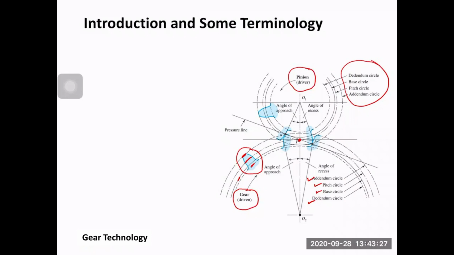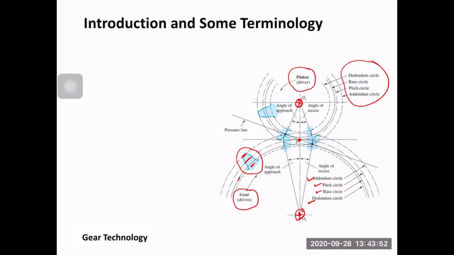We're going to learn more about the angle of approach, angle of recess, and pressure line in the next few slides. But just to keep it simple, the center point of the first shaft is here, and the center point of the second shaft is here. And you can represent the pinion and the gear by 4 circles each, okay? So we'll talk about this more.